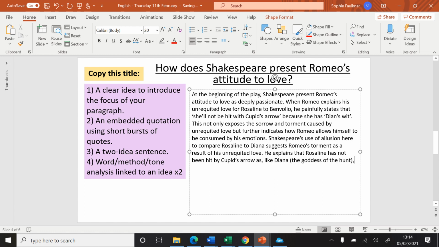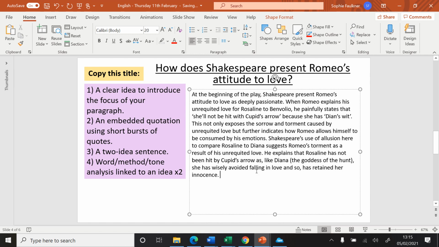Like Diana, the goddess of the hunt, she has wisely avoided falling in love, and so has retained her innocence, the idea that she is untouched by man.